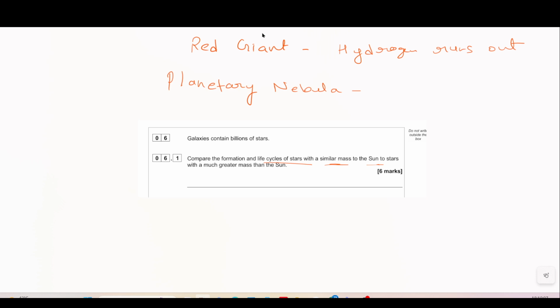And then the next one is white dwarf. A hot, dense, solid core is left behind, which is called a white dwarf.